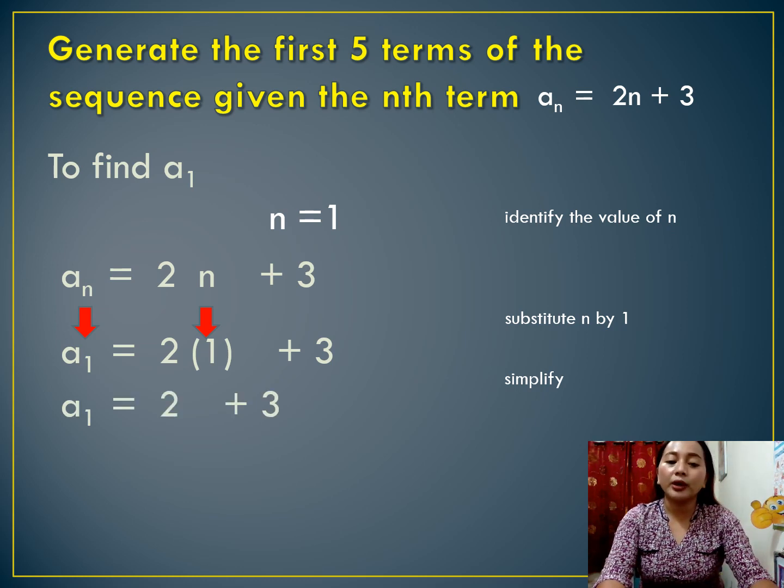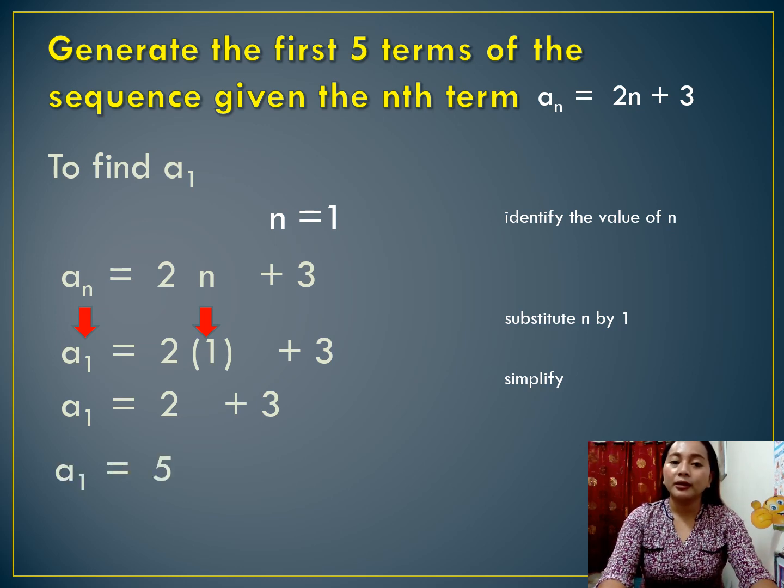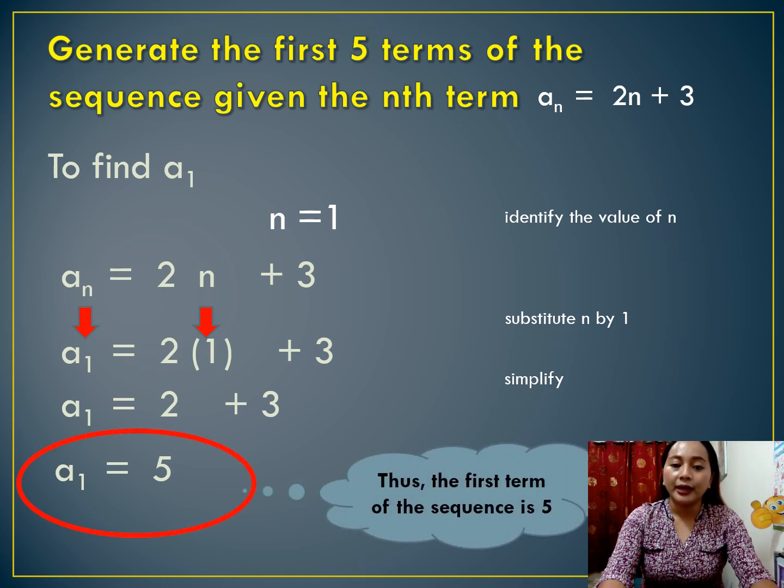Next is you are going to simplify. In simplifying, do not forget to follow the PEMDAS. Therefore, A sub 1 is equal to 2 plus 3 because the product of 2 and 1 is 2. Then, A sub 1 is equal to 5. That means that the first term of the sequence is 5.